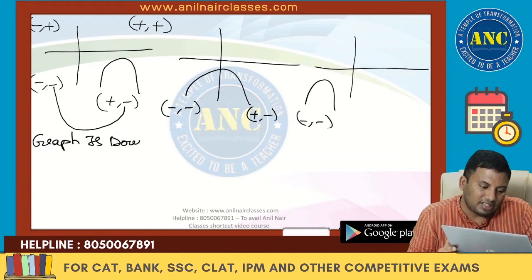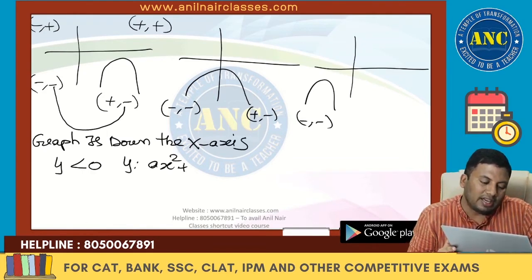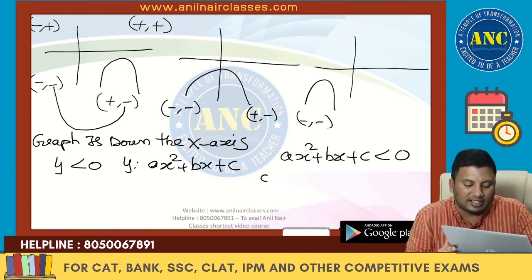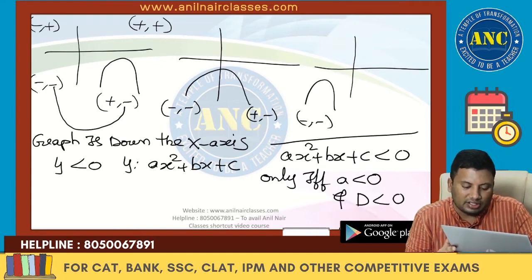If the graph is below the x-axis, the y value will always be less than 0. What is the y value? Ax square plus bx plus c. That means ax square plus bx plus c is always less than 0 only if a is less than 0 and d is less than 0.